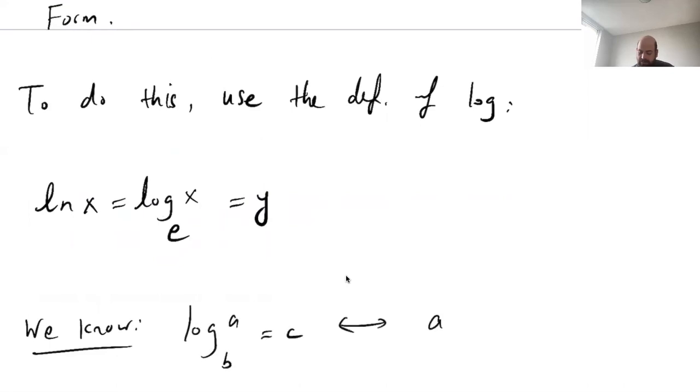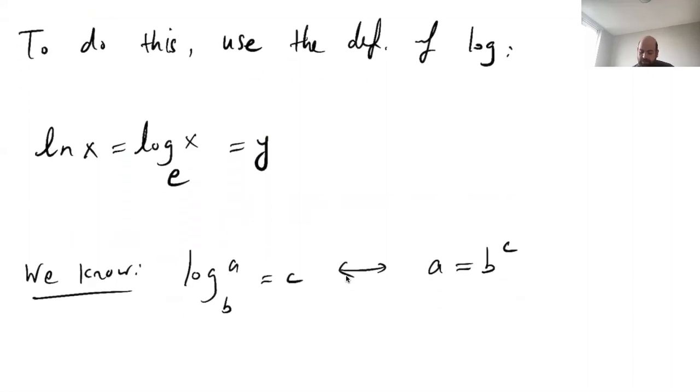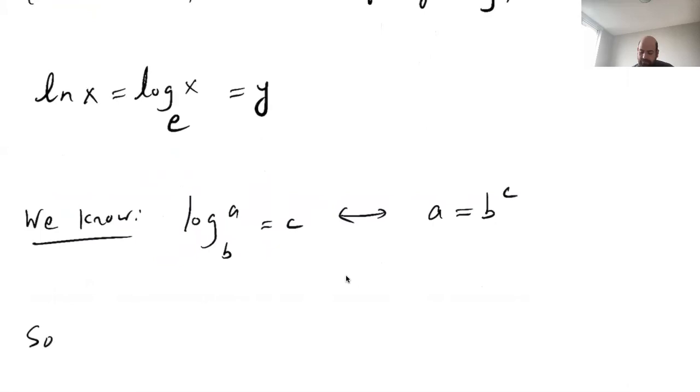This is the same as saying that a is equal to b to the power c, right? So here, my a is x, my b is e, and my c is y. So e raised to the power y is equal to x.